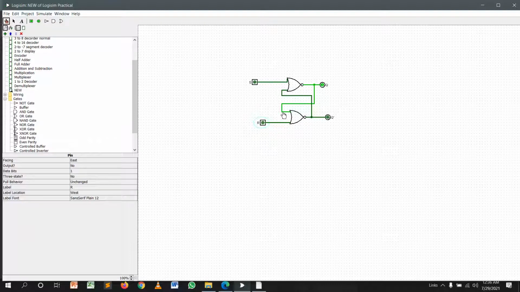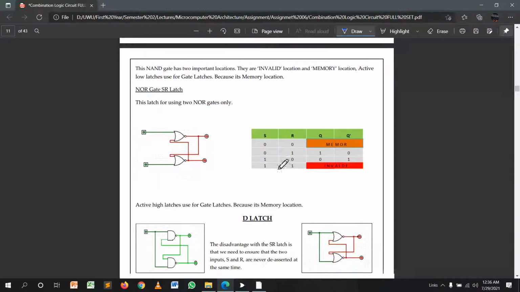Then you see no change in this cell. This is the memory location in this cell, and 1 and 1 is the invalid location of this circuit. This is what I mentioned: memory location and invalid location.